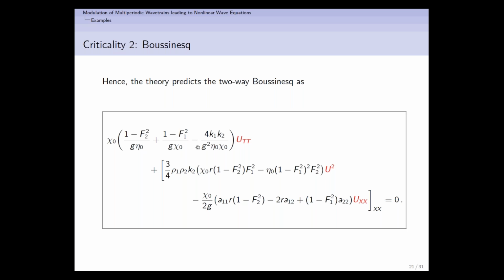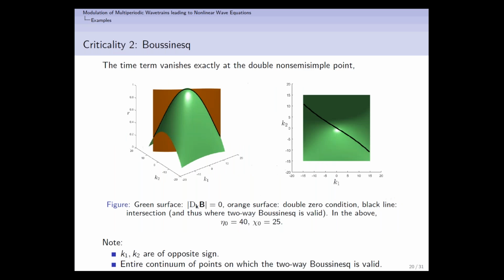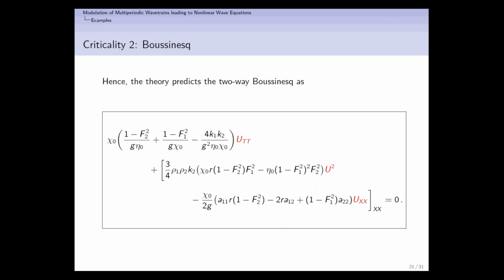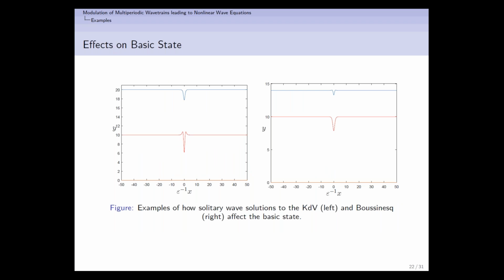Okay. So how does the presence of these two equations, KdV and this two-way Boussinesq, affect the flow? So what you would do is you'd solve these equations and then use the modulation ansatz to plug everything back in. And so that's what I'm picturing here.